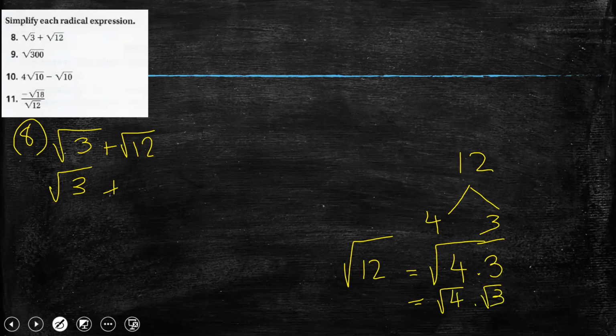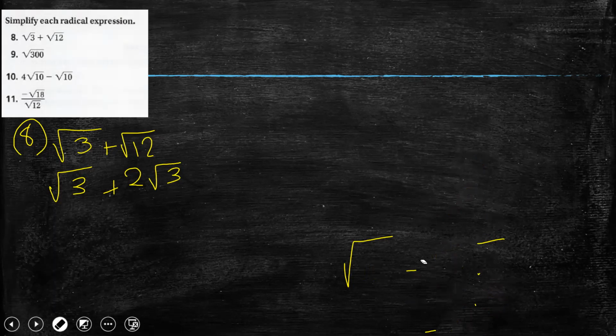Then now, square root of 4 is 2, square root of 3. So square root of 12, I can write it as 2 square root of 3. So let's write it here now as 2 square root of 3. Then if you have x plus 2x, what's the answer?